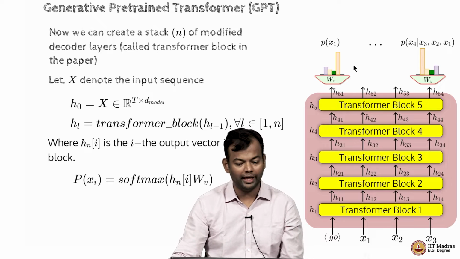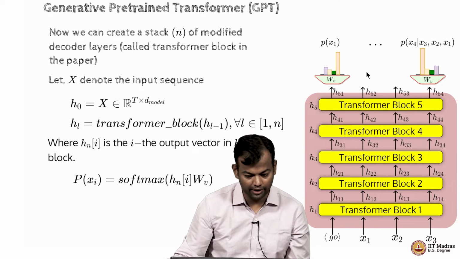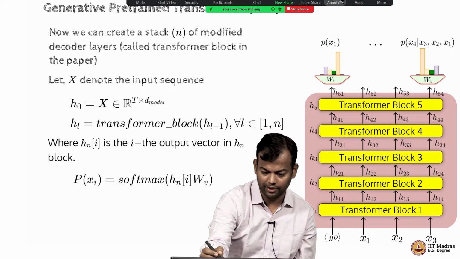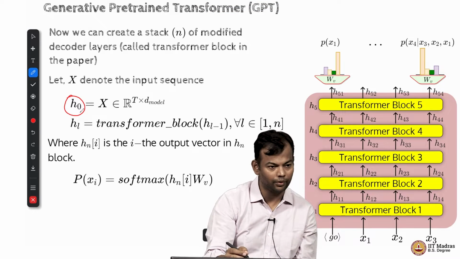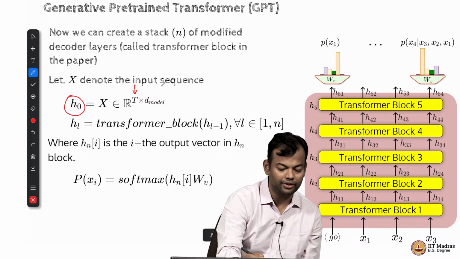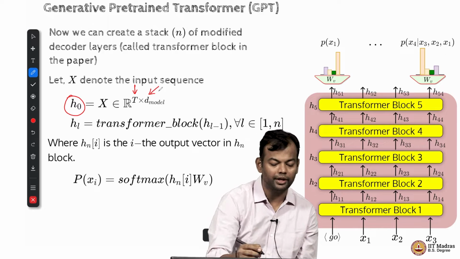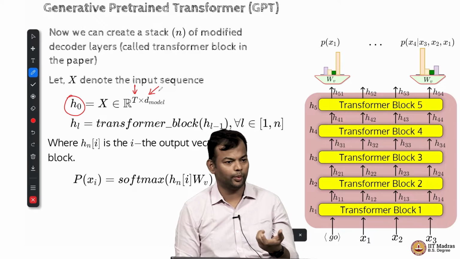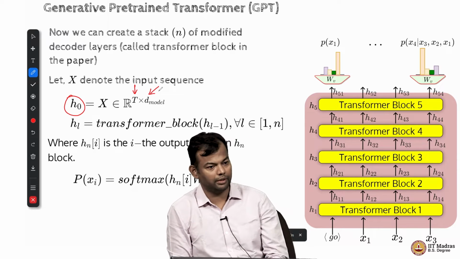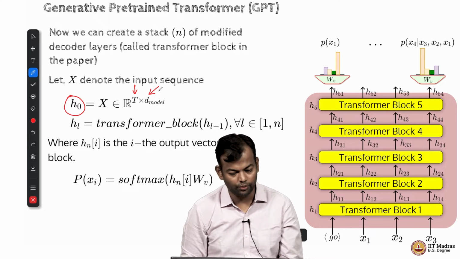And what we want at training time, that's what we will see now. Let me just make sure that all the notation is understood. It's actually very straightforward, but the input layer, which is the H0 layer, has a sequence of length t, and each word is represented by an embedding of size d model. So it could be 128, 64. We'll see what it was for GPT, but it could be any of the numbers that you want to choose.